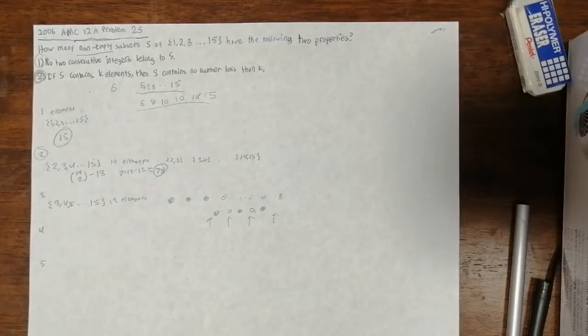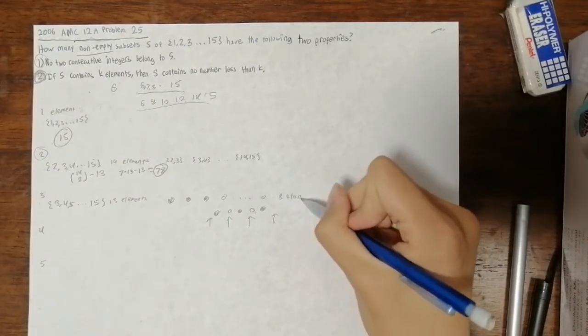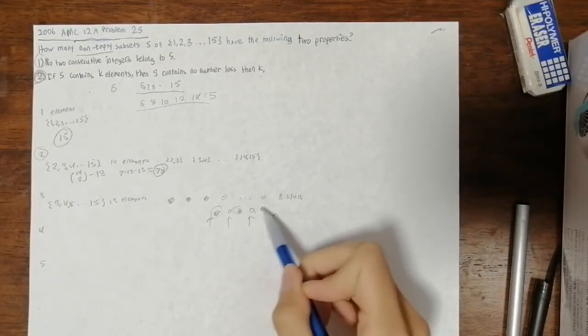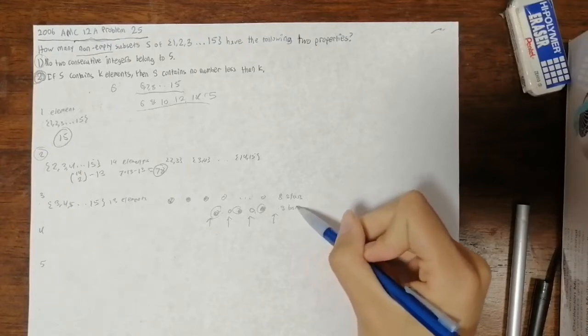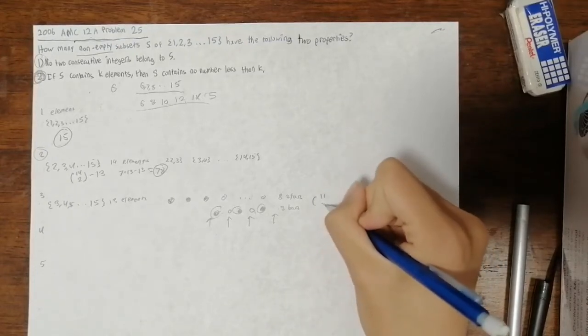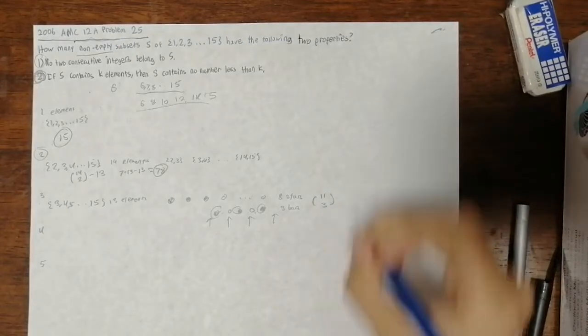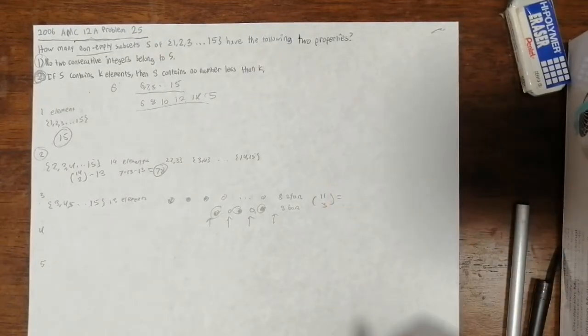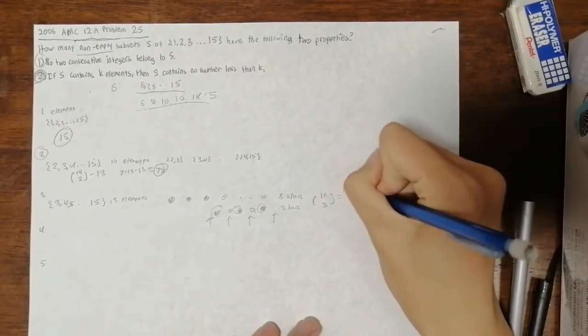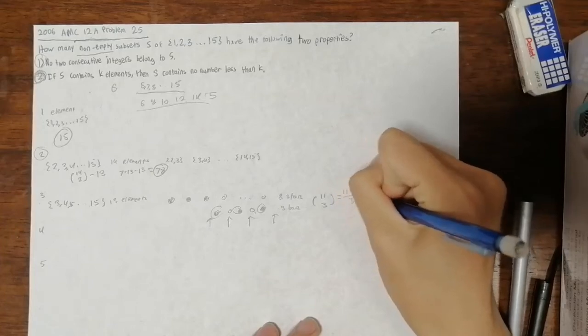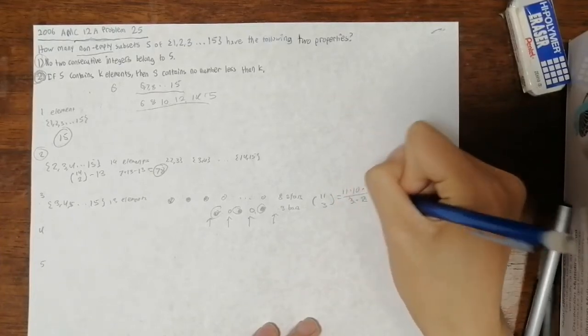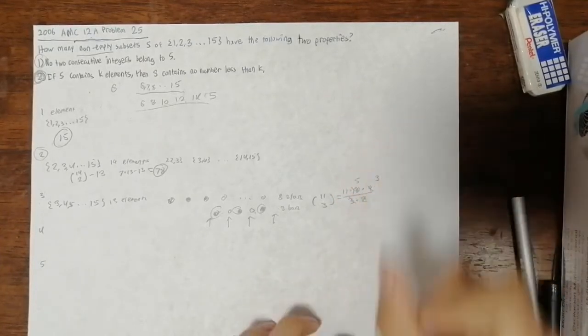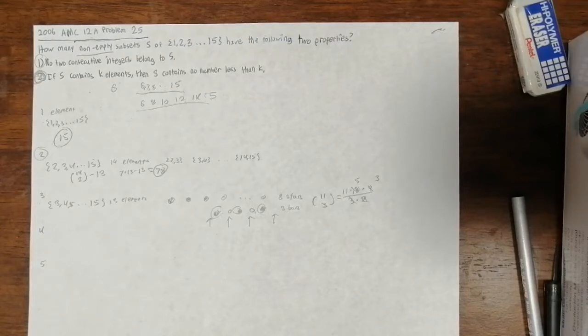We can use stars and bars to figure this out. This is the same as saying we have 8 stars and 3 bars, which is 11 choose 3, the same as 11 times 10 times 9 over 3 times 2. You can simplify, and that should be 165, I think.